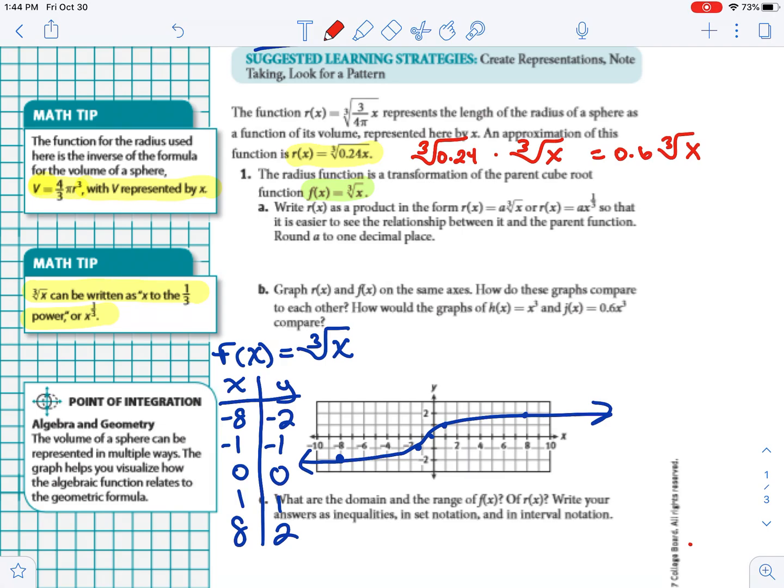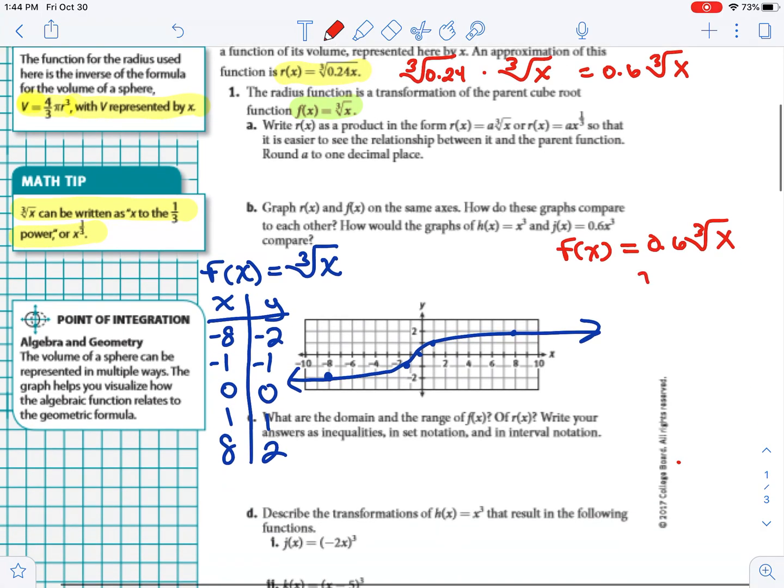And we also can see this as x to the 1/3 power, by the way, because a cube root can be written as a 1/3 power. So now we want to graph this in terms of using that stretch or that multiplication that we have. And so if we have f of x equals 0.6 times the cube root of x, and we already know how to graph the cube root of x, we just have to multiply those y values by 0.6.